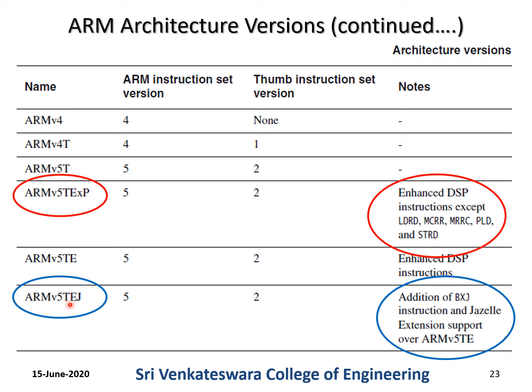If there is a T in the ARM version's name, it indicates that apart from 32-bit instructions, it can also execute 16-bit instructions. E indicates that the extended or enhanced DSP instructions can be executed by this processor. Here there is one more mnemonic called J. J stands for JSL extension support. So JSL extension support is nothing but the processor is capable of executing Java bytecodes.